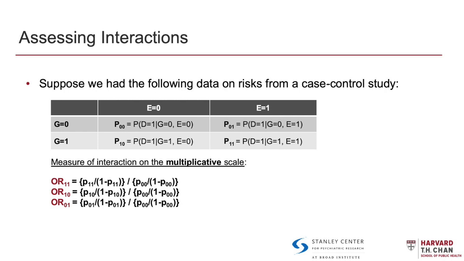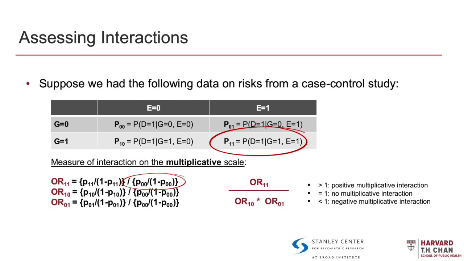So the odds of a disease in the presence of both exposures would be P11 over 1 minus P11. We would divide that by the underlying odds in the absence of both exposures, which would be P00 over 1 minus P00. We would do the same thing for the environmental as well as for the genetic risk factor and calculate the odds ratio for the specific cells.